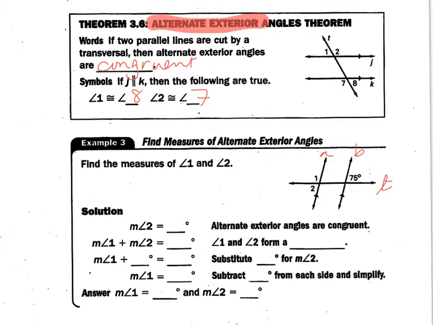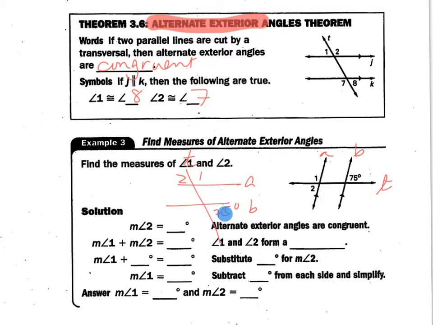If I turn the paper sideways, you will see that the angle looks something like this. This is 1, this is 2, and this is 75 right here. So this is A, this is B, and this is my transversal here. Now, notice that what's given is 75 degrees right here.